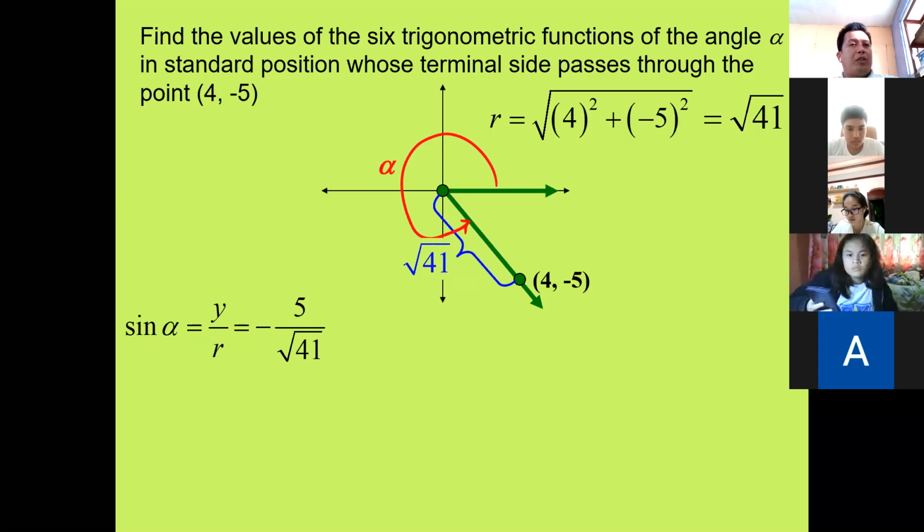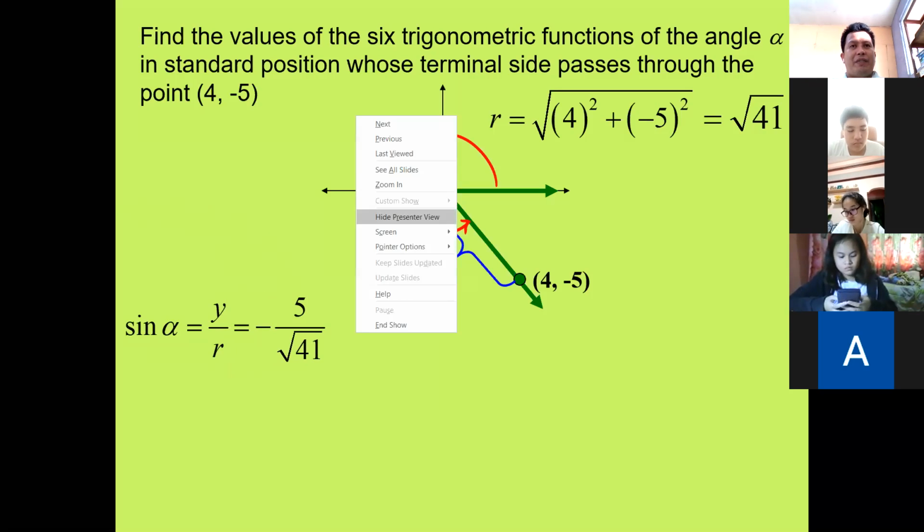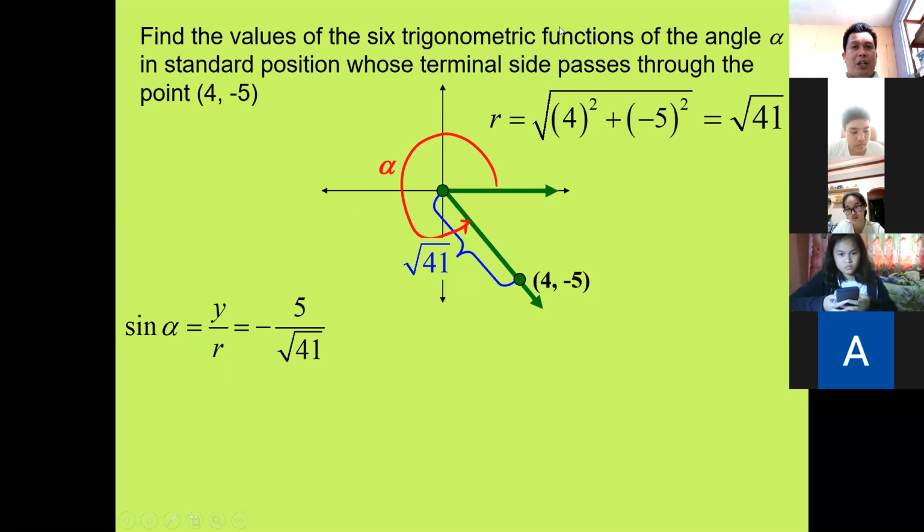I could consider this as your final answer, but if it is in a multiple choice type of test, what is the rationalized value of negative 5 over square root of 41? Ralph? Negative 5 square root of 41 over 41.